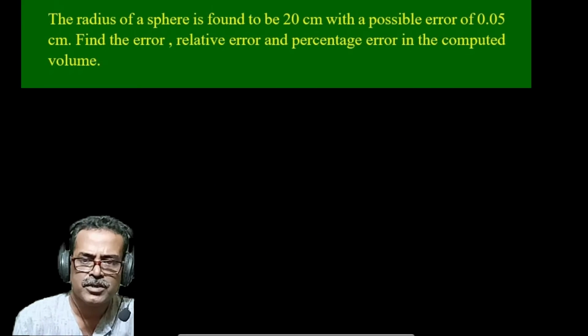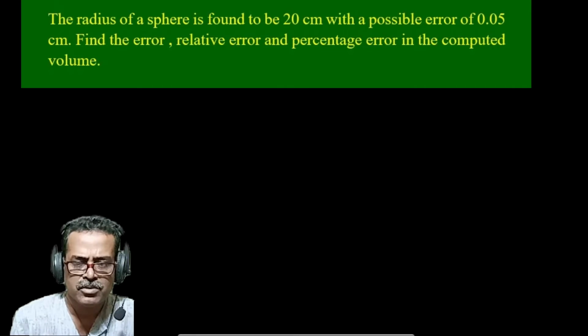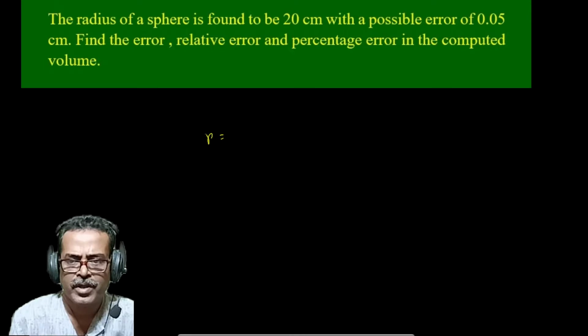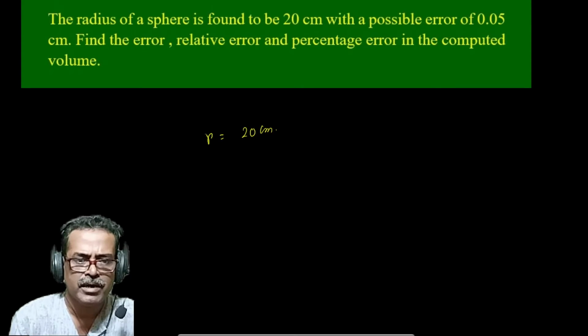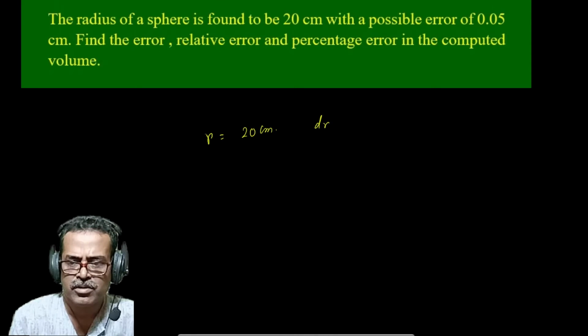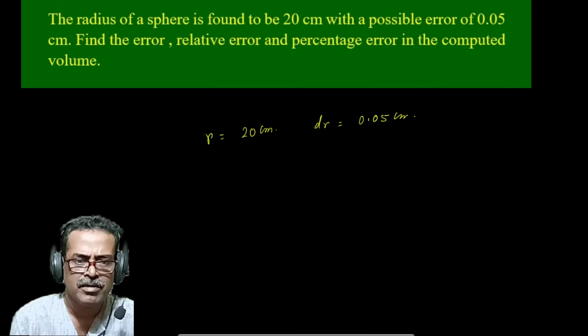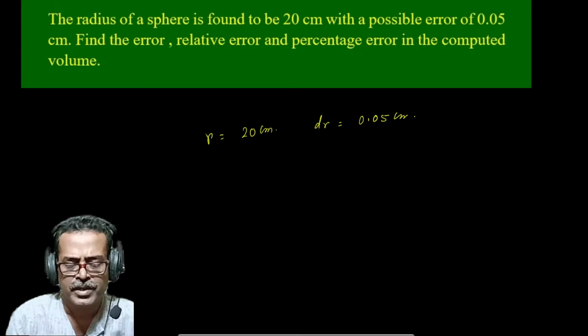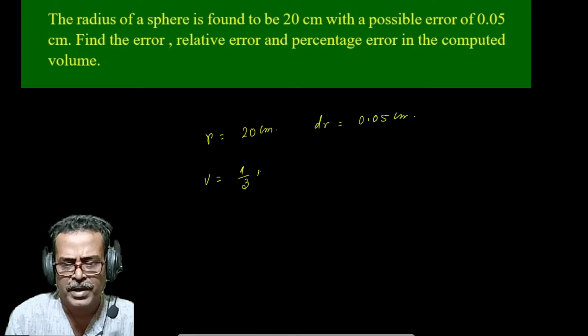The radius of a sphere is found to be 20 centimeter with a possible error of dr is equal to 0.05 centimeter. Find the error, relative error, and percentage error in the computed volume. So V is equal to 4 by 3 pi r cube.